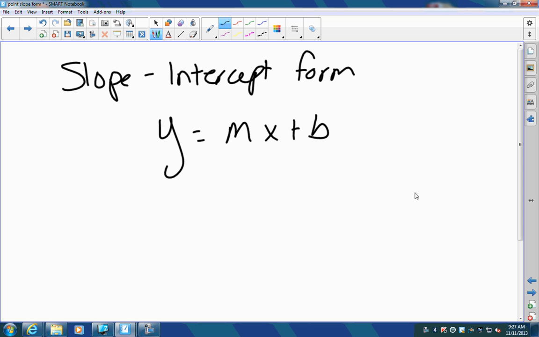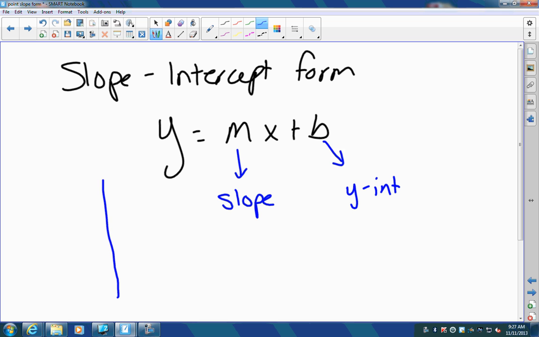You're going to have to know that by name. Whatever number is in front of the x is your slope, and the b is your y-intercept. So this equation shows you where we start on the y-axis and how we move with our slope. We've done this.